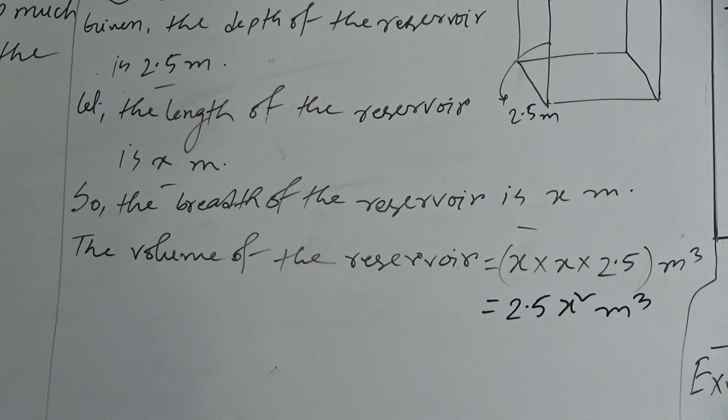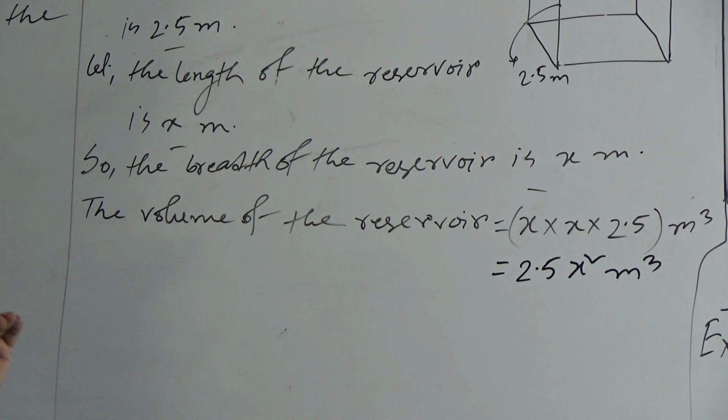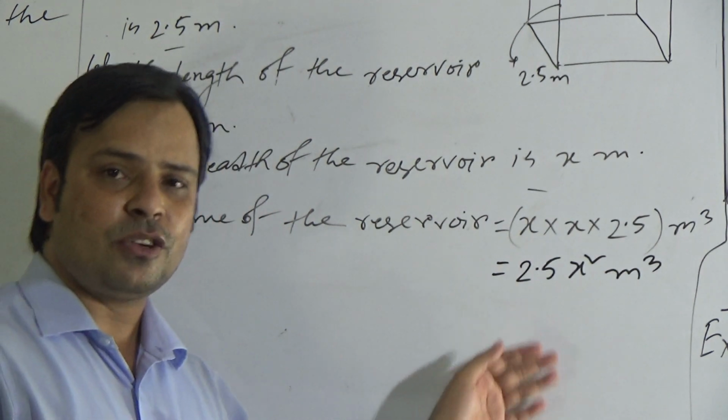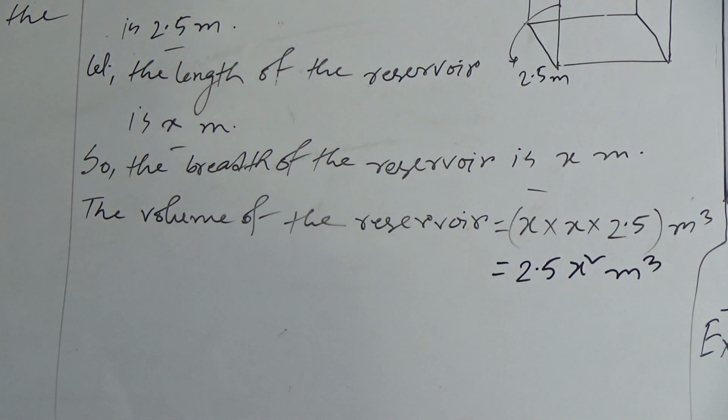Now if you notice the question here, the reservoir contains 28,900 liters of water. Dear students, we know a relation between cubic meter and liter: 1 cubic meter is equal to 1,000 liter. So if we multiply this volume by 1,000, we will get the amount of water contained inside the reservoir.